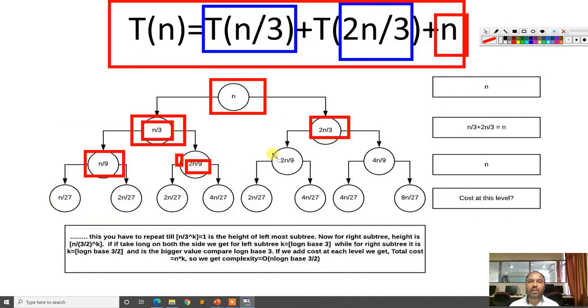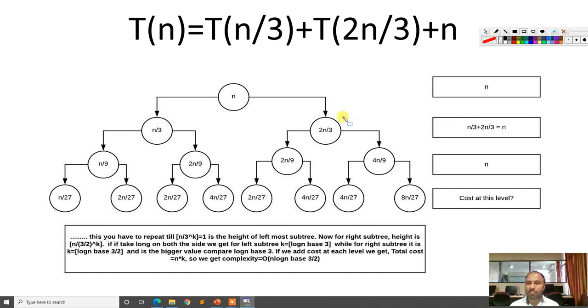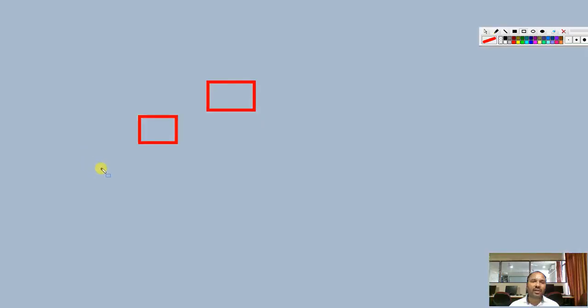We are going to get 2n by 9 here, 2n by 9 here, 4n by 9, n divided by 27, and so on. Now as I explained in the earlier example, we have to try to find out the pattern. So here the pattern is like n divided by 3 raised to 0, n divided by 3 raised to 1, n divided by 3 raised to 2, and so on, right?